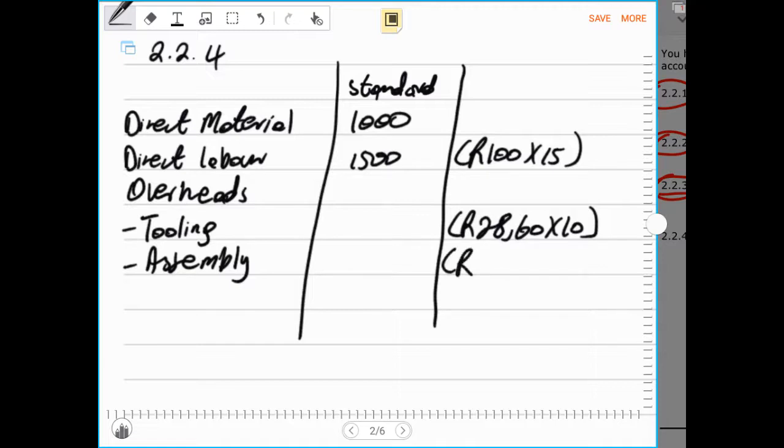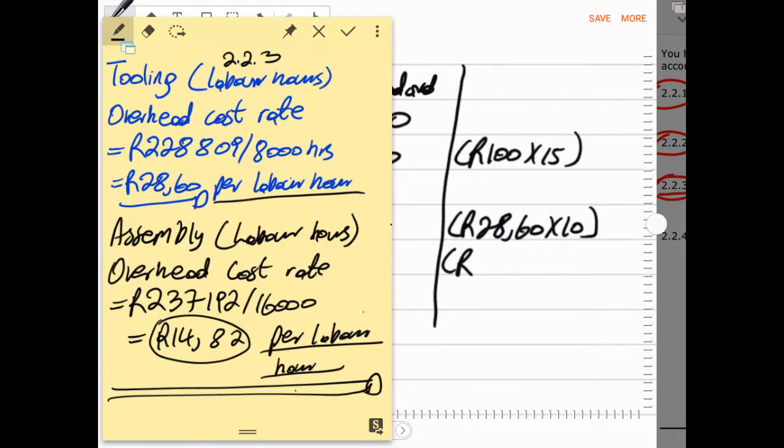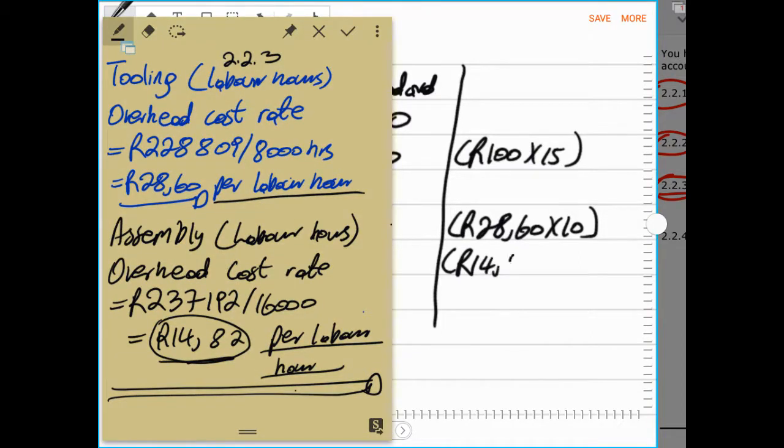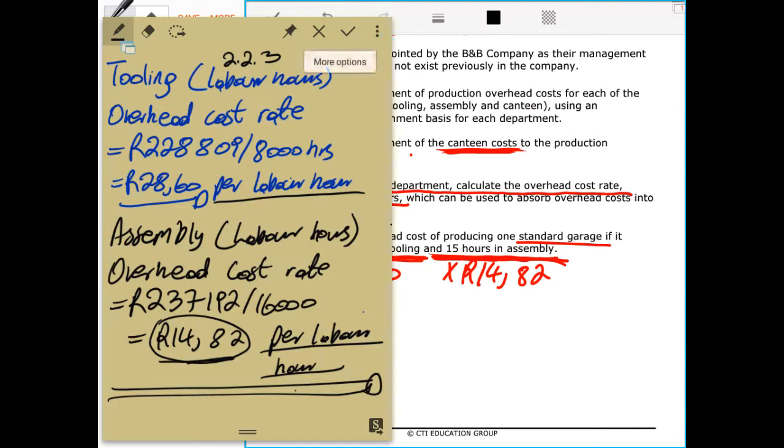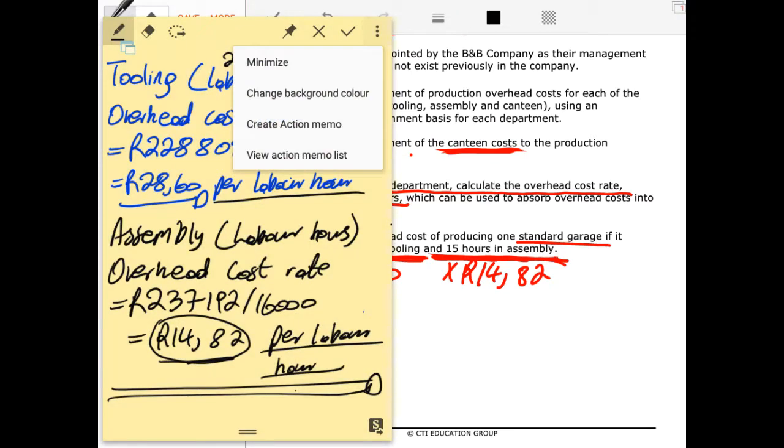And for the assembly, we have the rate per labor hour, 14 rand 82 cents. We multiply that by the number of hours, and the number of hours is 15 hours that the standard garage takes to be completed in the assembly department.